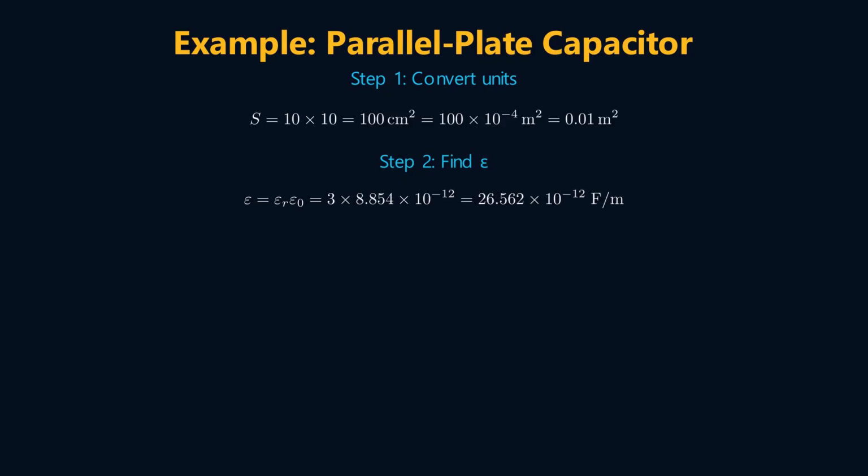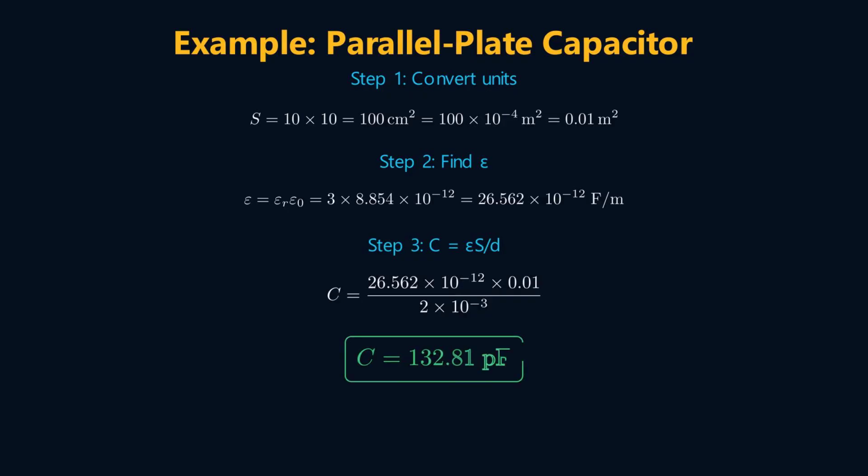The plate area is S equals 10 centimeters times 10 centimeters equals 100 square centimeters. Converting to SI, S equals 100 times 10 to the negative 4, which is 0.01 square meters. The separation is D equals 2 millimeters equals 2 times 10 to the negative 3 meters.